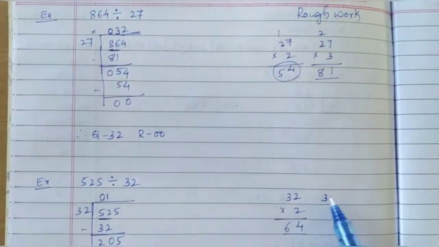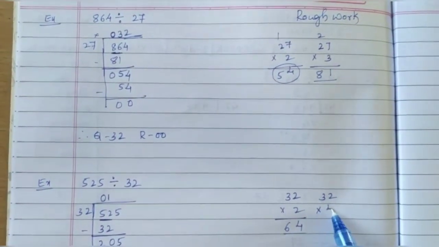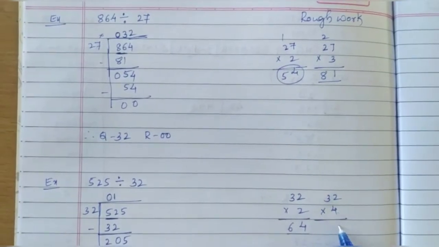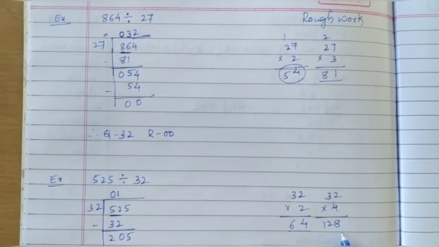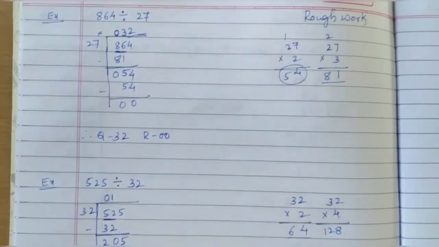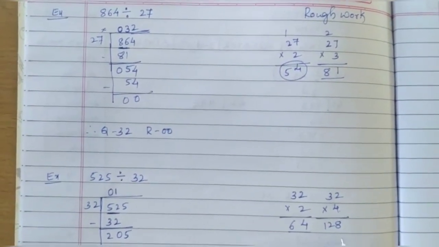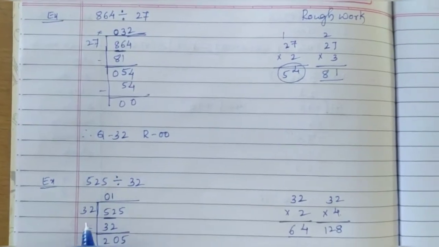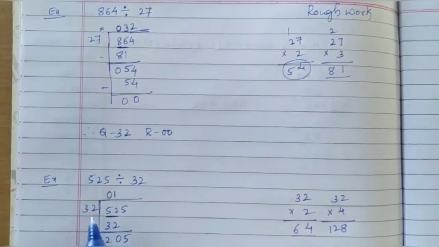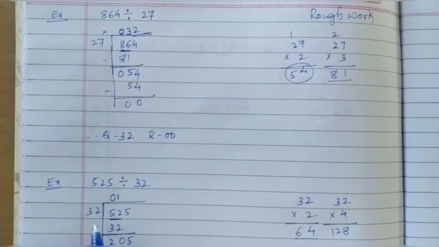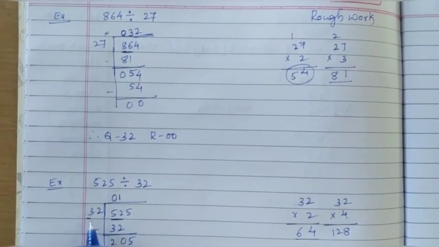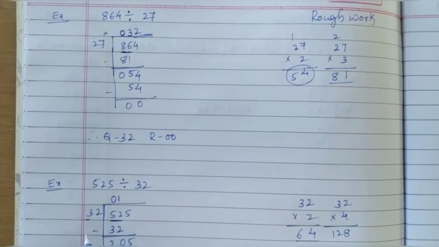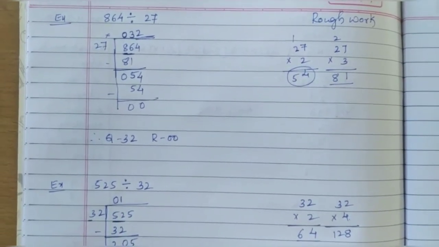32 fours: 4 twos are 8, 4 threes are 12. We have 128. So just go for the next one. Otherwise, one more method is there. Suppose you are dividing this 20 by 3 only, then you will go for 3 sixes are 18.